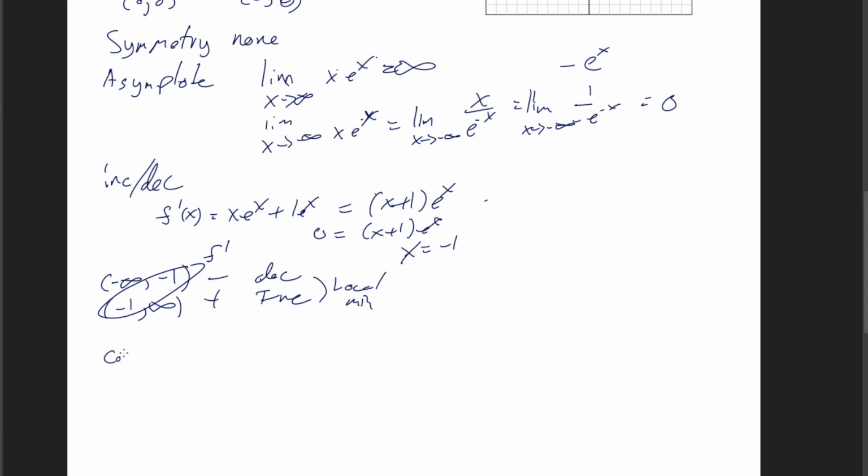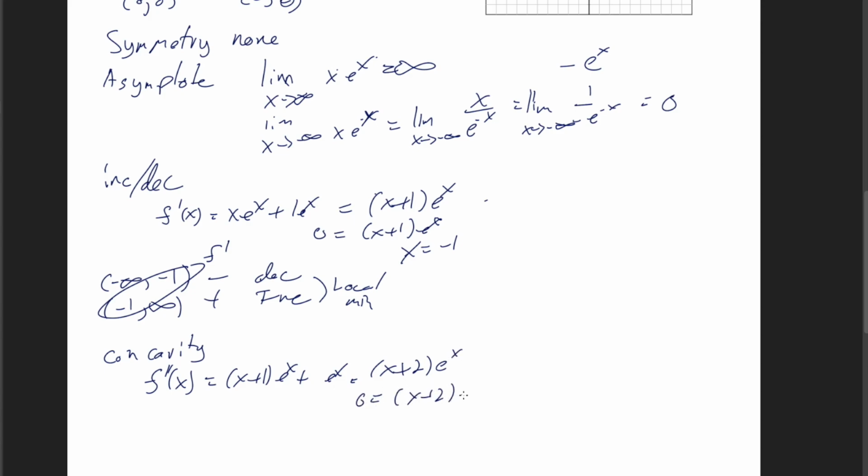Let's look at our concavity. Alright, so we're going to take the second derivative here, and so that would be, we'll crunch through it. So it equals (x plus 1) e to the x plus e to the x, so this is equal to (x plus 2) e to the x. We'll set that equal to 0 and solve.